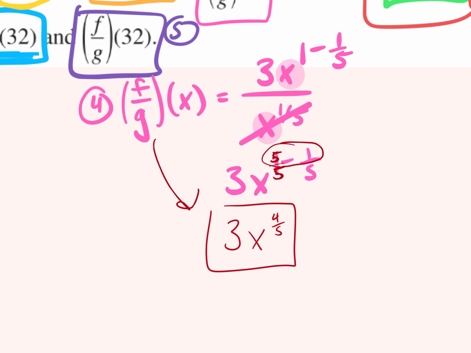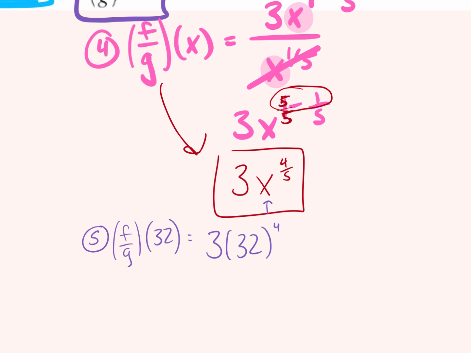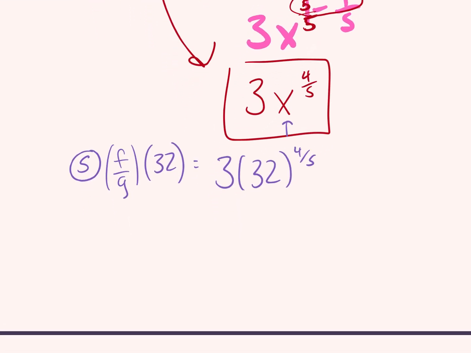All right. For the 5th part of this question, we have to find f divided by g of 32. So what does that mean? What do I have to do here? Plug in 32 for x. So 3 times 32 to the 4/5 power. How would I solve this here? What's my index? 5.